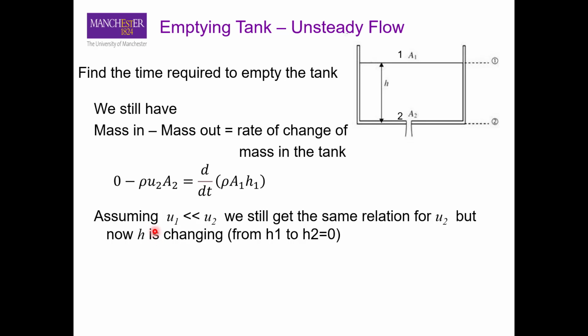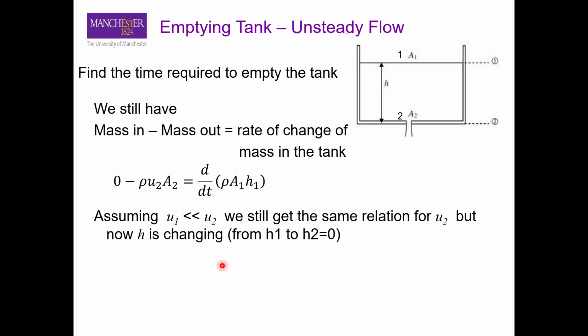But again, if we assume that u1 is much less than u2 based on the continuity equation and the values of a1 and a2, we get the same relation for u2 that we saw previously for the case of constant tank.